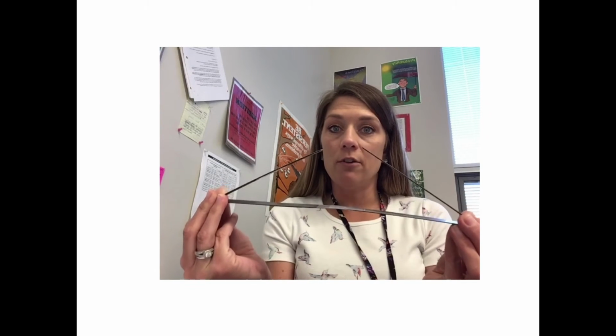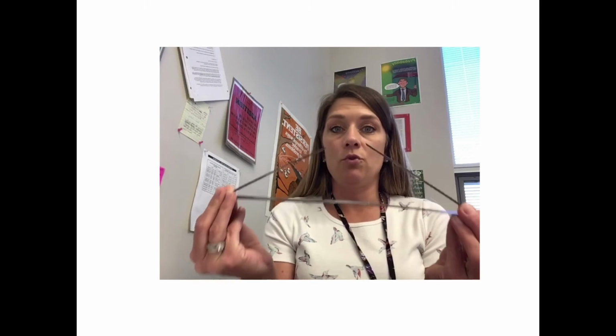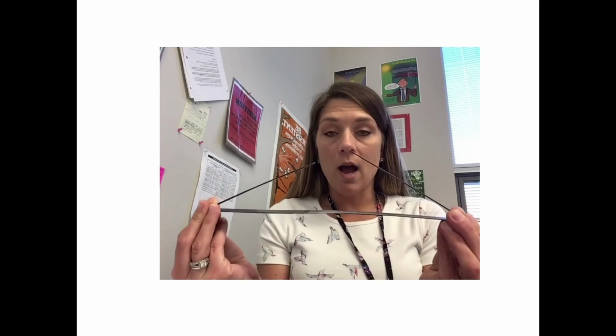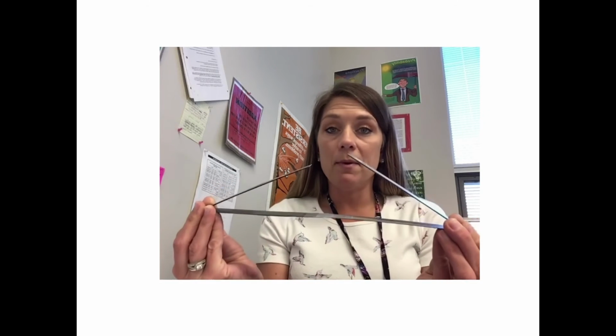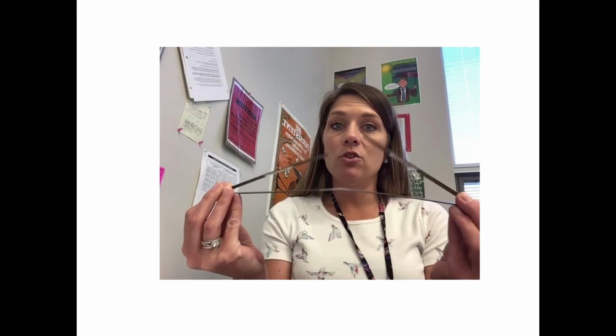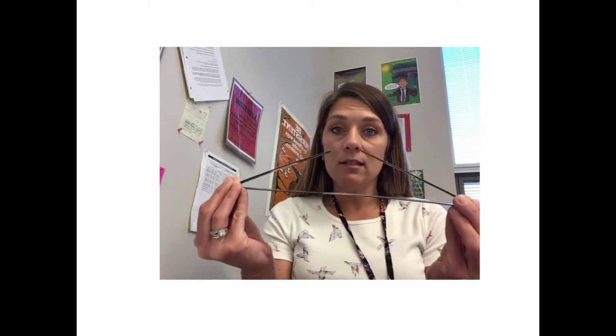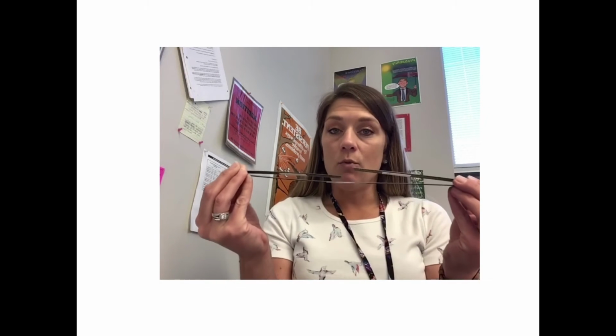And the second I lift them up, they're no longer able to reach each other to actually close at the top to create a triangle. And that's why we need 2 out of the 3 sides, their sum, to be bigger than the third side, so that whenever we do lift them up, they do have the ability to touch at the top. That does not work when they are equal to. That's why it always must be greater.